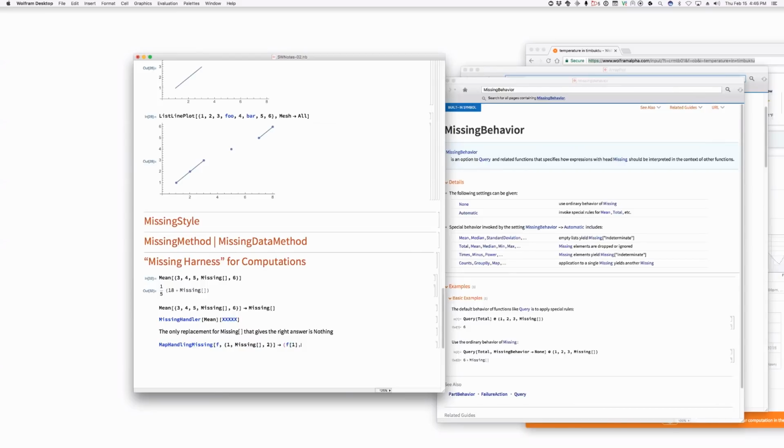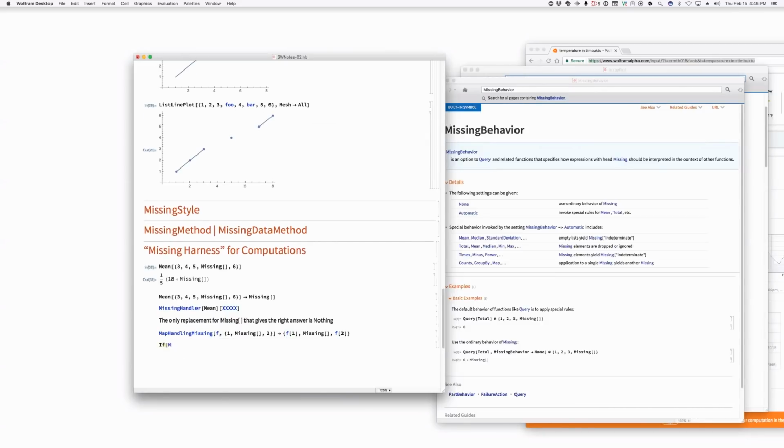Okay, so hold on. So the f of 1. What's interesting about this, I think there's a better way to handle this. Let's imagine that the f itself was wrapped with something that says if missing queue of slot, missing, otherwise f of slot.